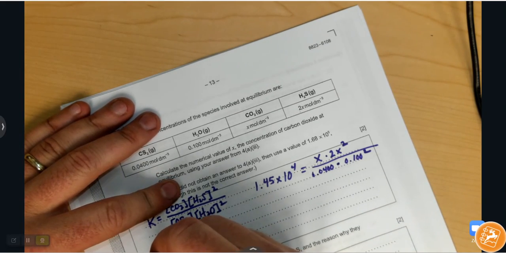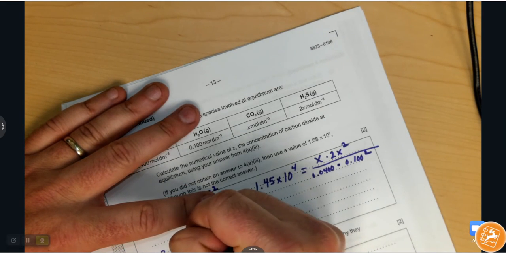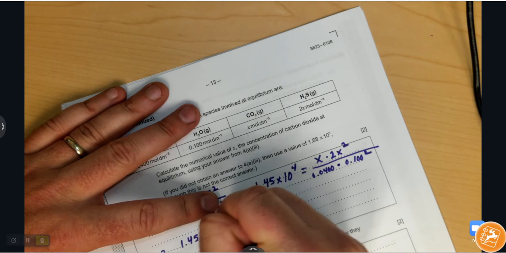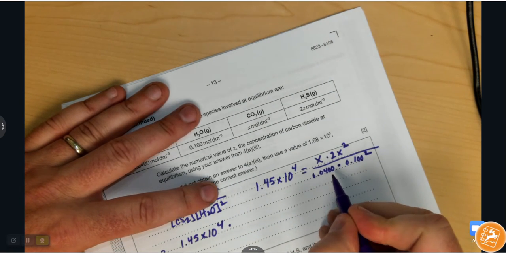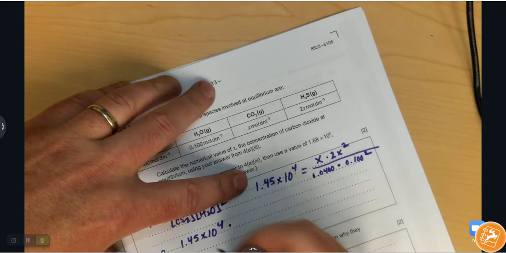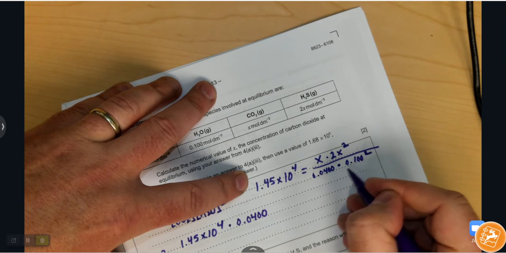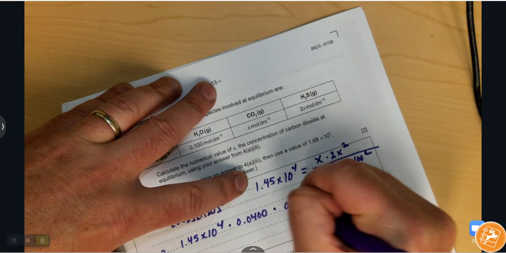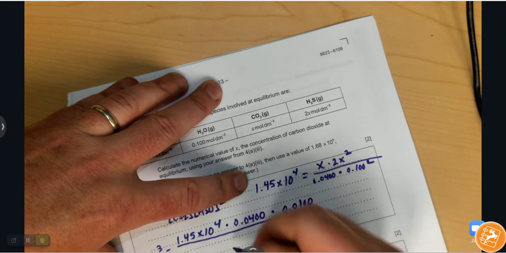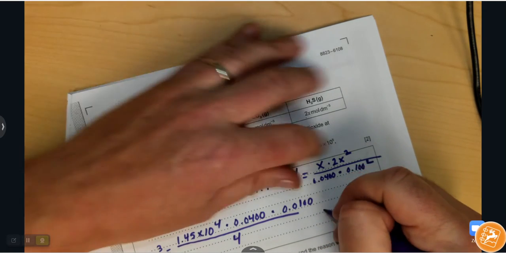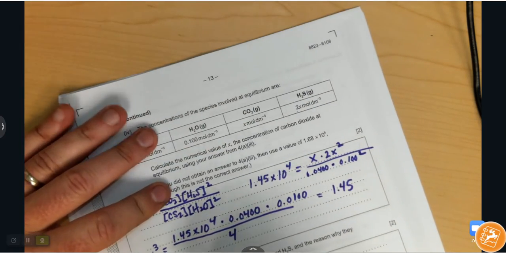So x cubed essentially will be equal to 1.45 times 10 to the fourth times 0.0400 times 0.1 squared, which is 0.0100, divided by 4. So x cubed will equal 1.45.